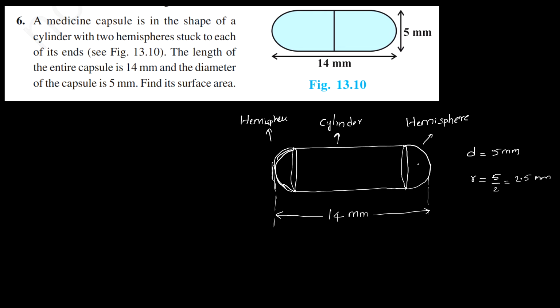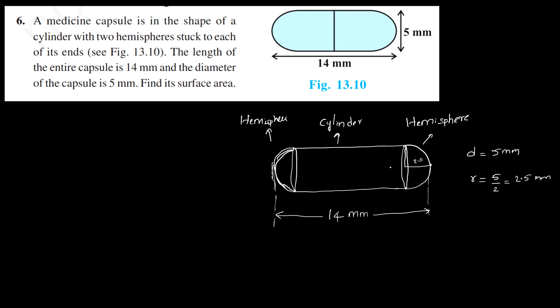Now, we know that for a sphere or hemisphere we have only one dimension, that is radius, and it is constant from the center point to any point on the circumference. That means from the center it is 5 by 2, and this will also be 5 by 2. Because for a sphere or hemisphere the radius is constant, if this is 5 by 2, this also is 5 by 2.